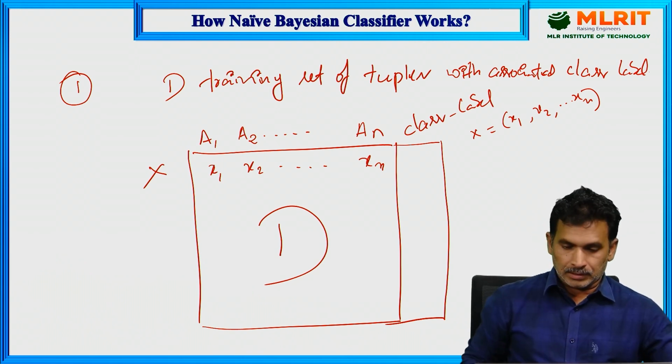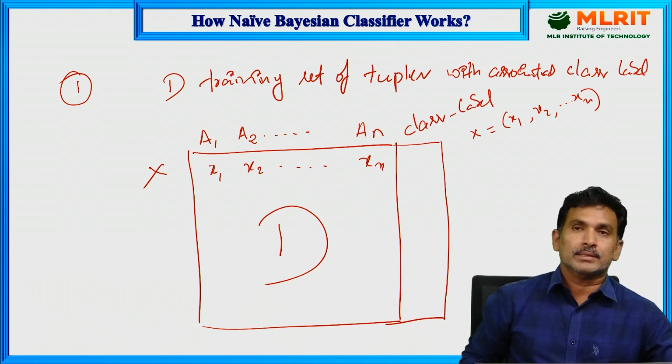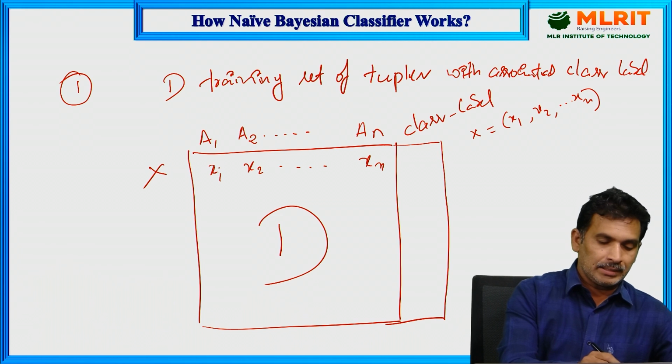Next, this is the basic information. We must know what the attributes are, and these are the values.